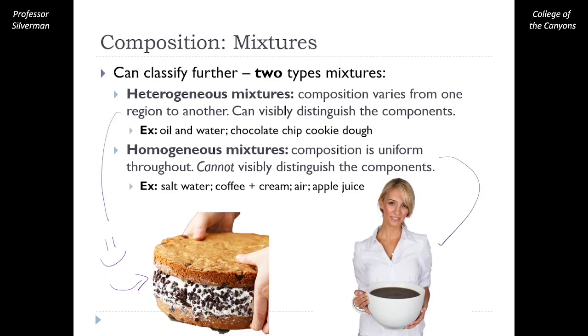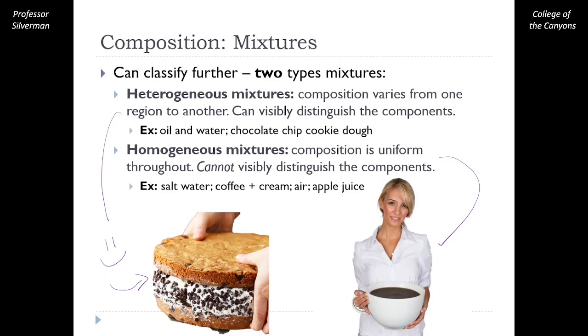The second type of mixture is a homogeneous mixture. In these types of mixture, our composition is exactly the same throughout the whole thing. It is uniform. Or another way to say this is that we cannot look at this and see where one component is versus the other components.